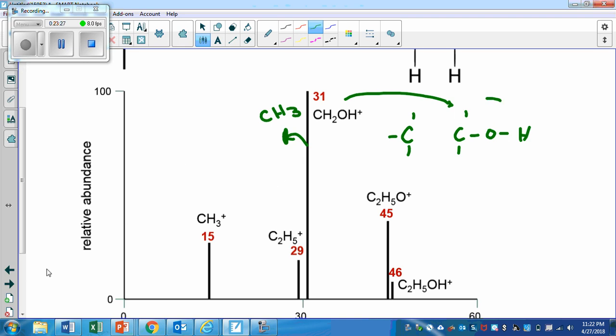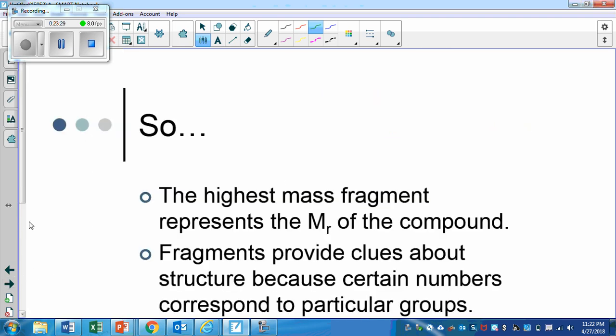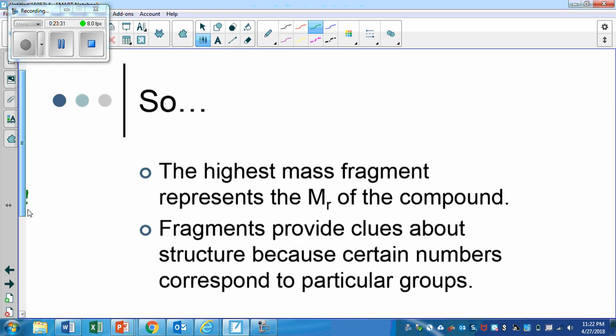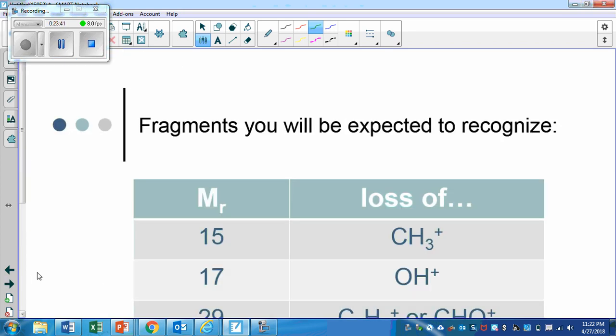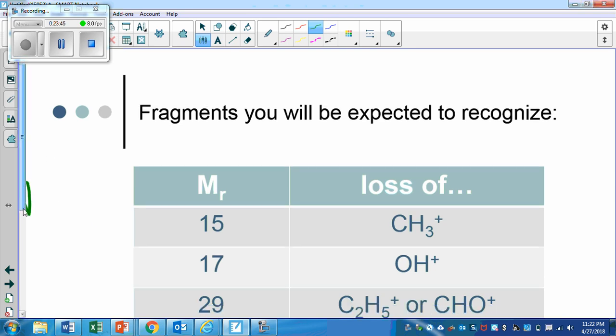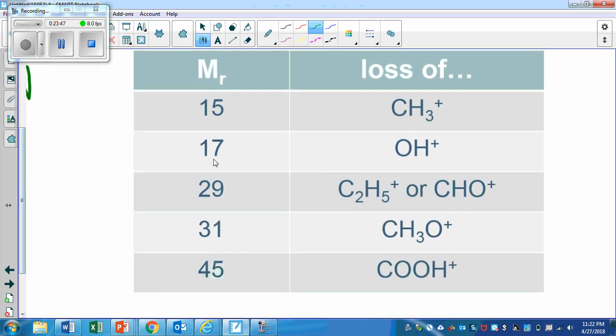CH3 is lost. The highest mass fragment represents the molecular mass of the compound. Fragments provide clues about the structure, because certain compounds give you certain groups, certain peaks. As I said earlier, you can get the common molecular masses from the periodic table: 15 is for the methyl group, 17 is for the hydroxyl group.